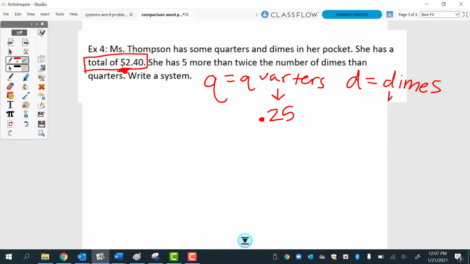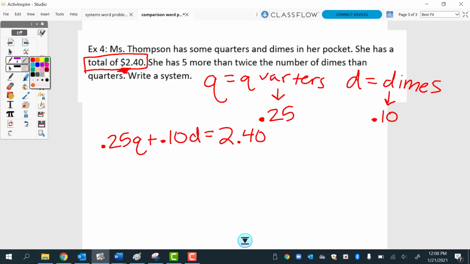We know dimes are 10 cents. So we know as a decimal, that's 0.10. So for my total equation, I have my 0.25 should go with quarters, plus my 0.10 goes with dimes, equals $2.40. Money goes with money. Check. That's my total.